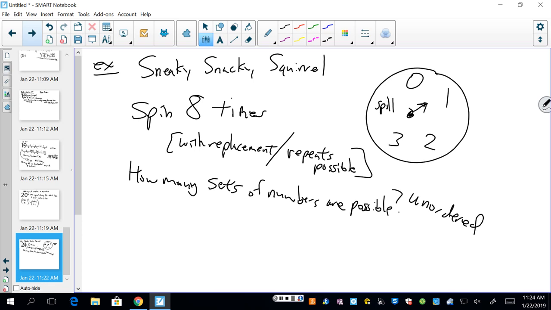I'm not keeping track of whether I got a spill, then a 0, then a 1, then a 2 in particular order, but just, over the 8 times, how many of each, like 2 spills, a 0, a 2, or 3, something like that.